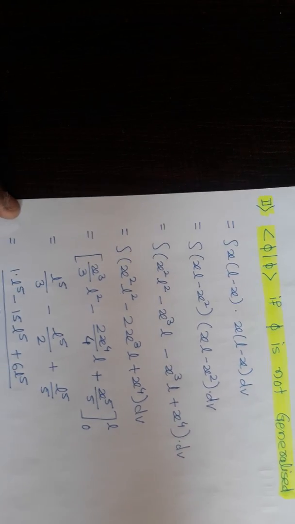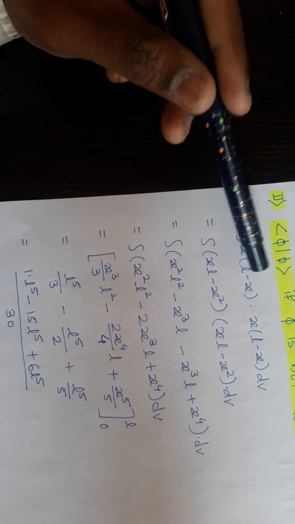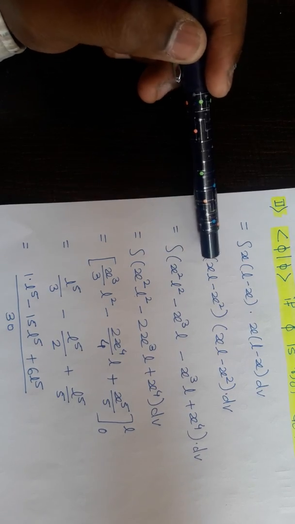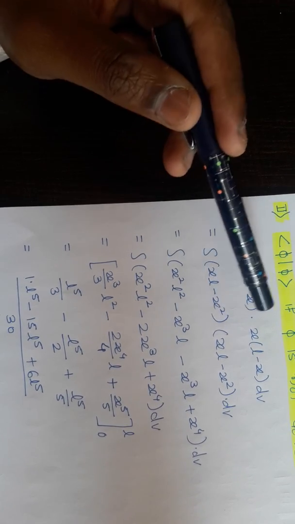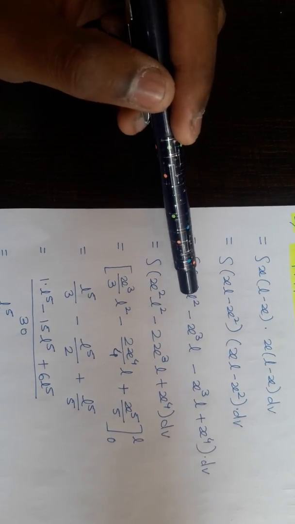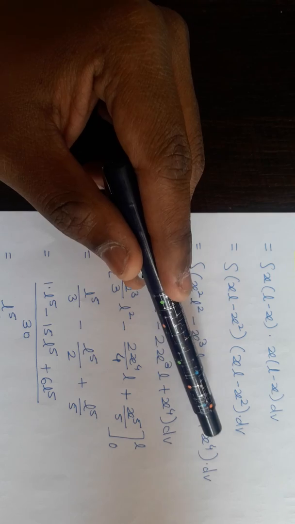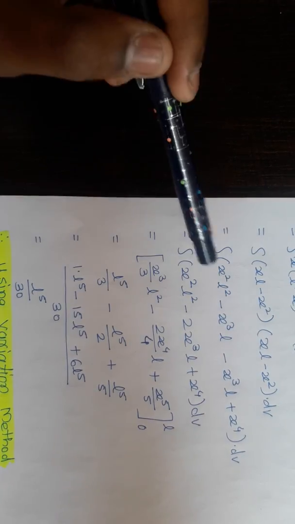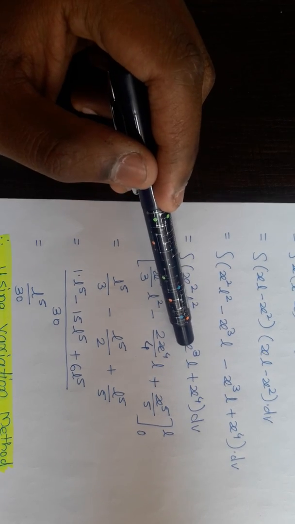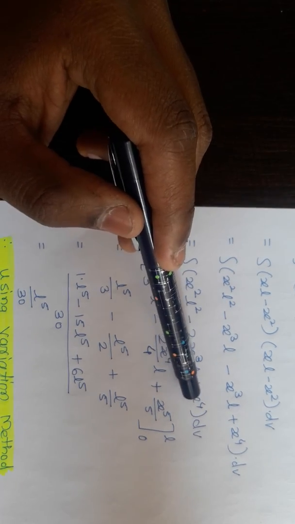At that time we should solve the equation, that is the integration of x into (L minus x) times (L minus x) dx, which is equal to the integration of (xL minus x²)(xL minus x²) dx. Now the integration of x²L² minus x³L minus x³L plus x⁴ dx. In the next term we solve the integration of x²L² minus 2x³L plus x⁴ dx.